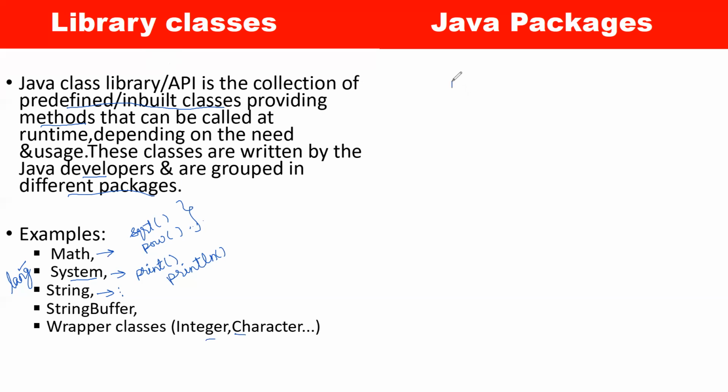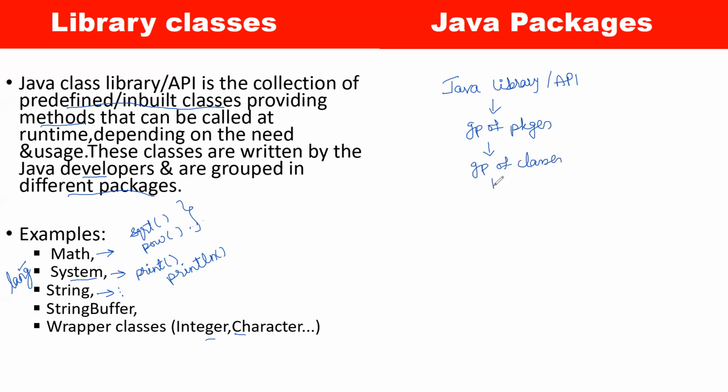So the hierarchy goes something like this. The Java library or API contains a group of packages. And what do these packages contain? A group of classes.